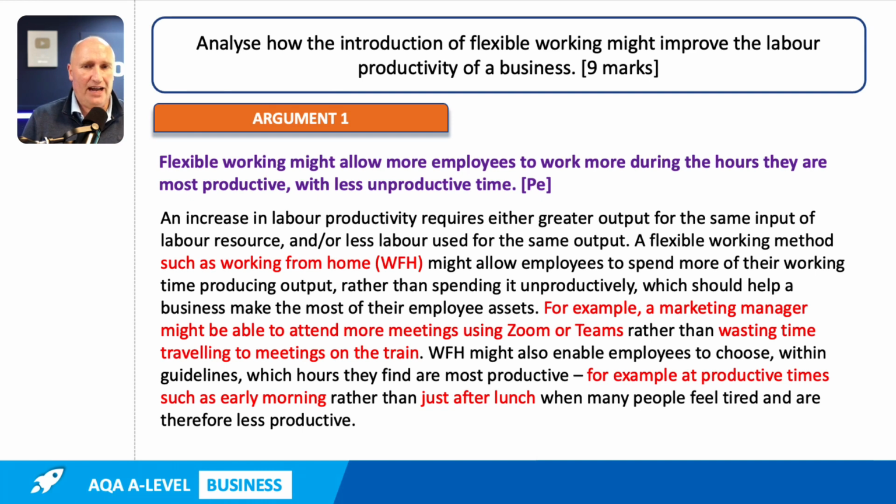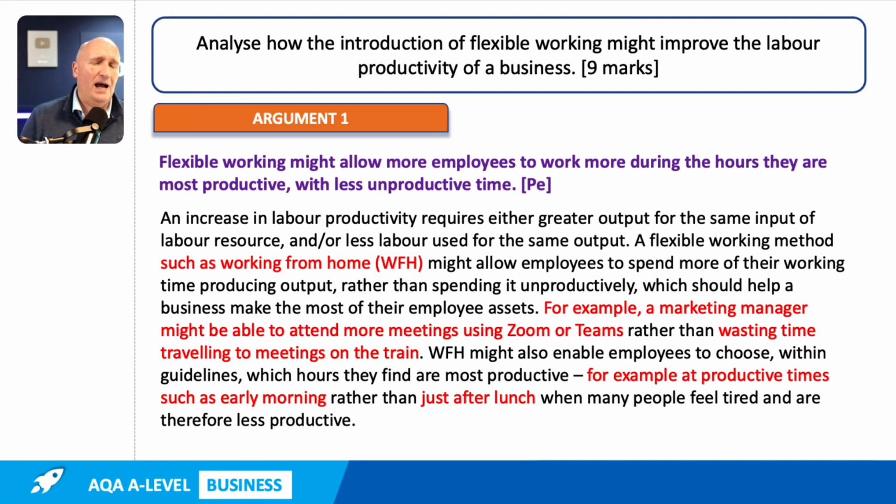And what I've done in the answer there is also highlight in red some examples of application, seasoned, contextualized, integrated into the analysis. And we've used some examples there. Our favourite, such as seasoning, so such as working from home, such as early morning as a productive time.